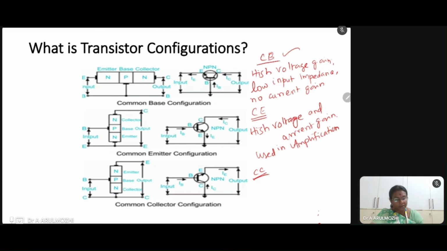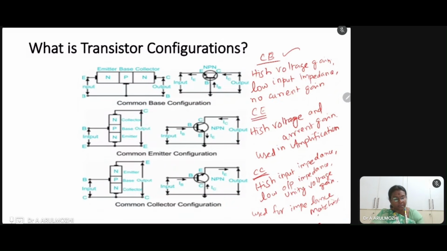In the case of the common collector, we get high input impedance, low output impedance, and unity voltage gain, and it is used for impedance matching.